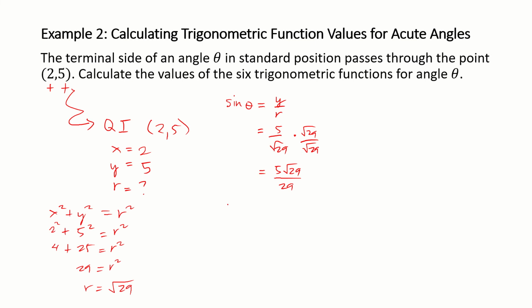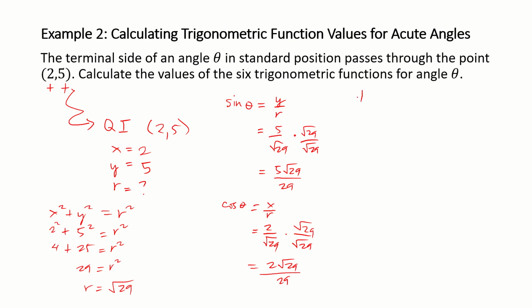Next, cosine. Cosine is x over r. So that's 2 over square root of 29. We have a square root of 29 in the denominator, so we still have to multiply a square root of 29 over square root of 29. Then you will get 2 square root of 29 over 29.